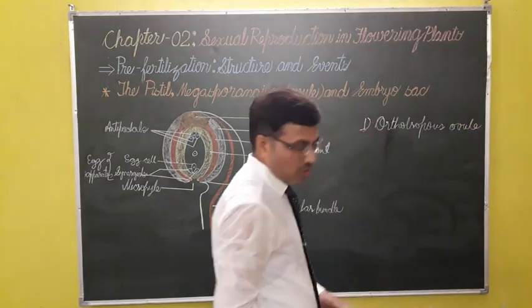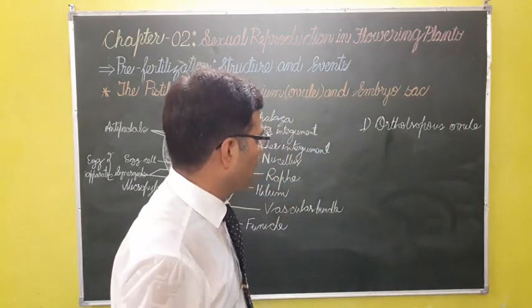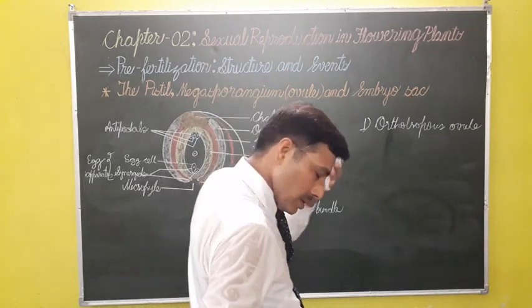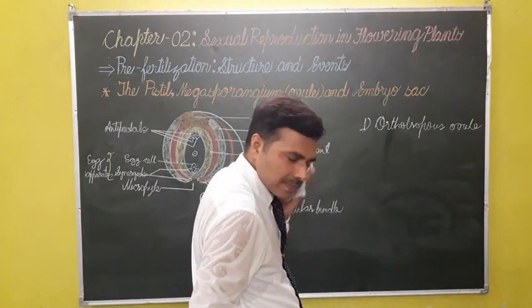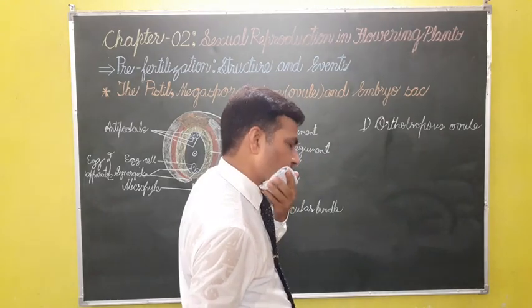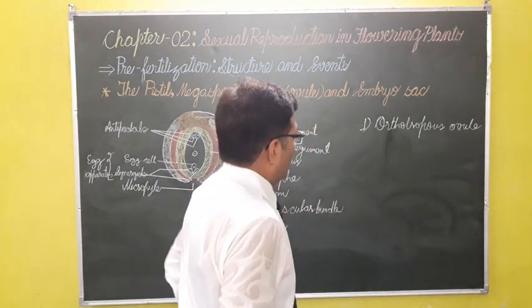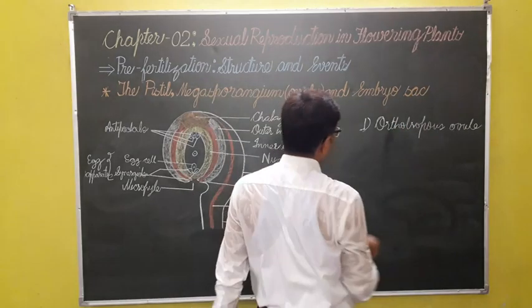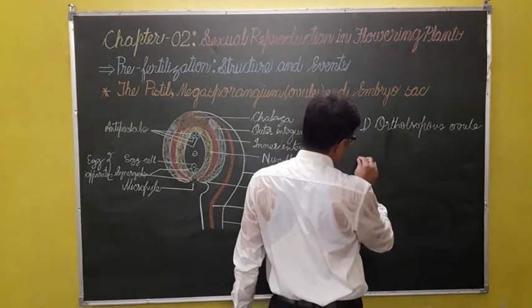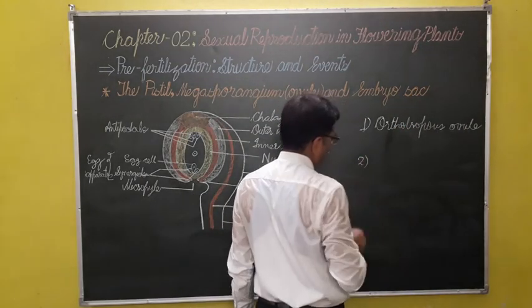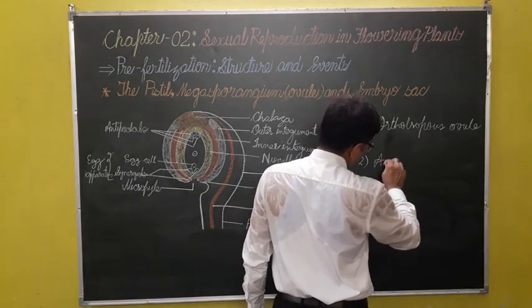One is called orthotropous ovule, and the other one is called anatropous ovule.